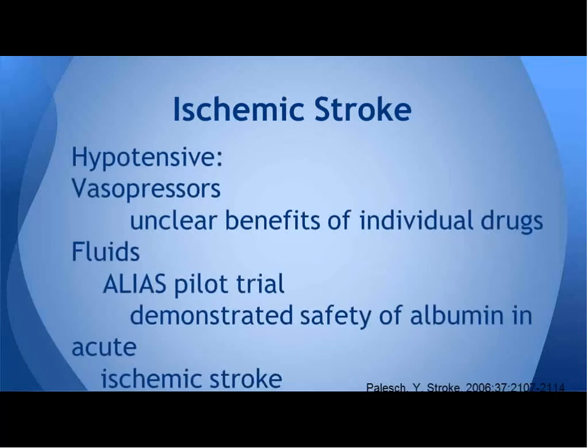For hypotensive patients, vasopressors, unclear benefit for individual drugs. There's always the debate, why did you use this drug, why didn't you use that one? But in reality, for most of the studies that have been done, it's just not clear. We do know that certain vasopressors, dopamine in particular, have an increased incidence of arrhythmia, but other than that, we just don't really have clear data.